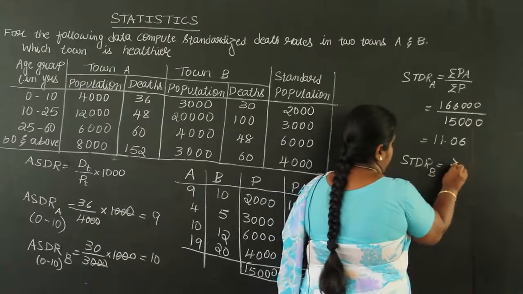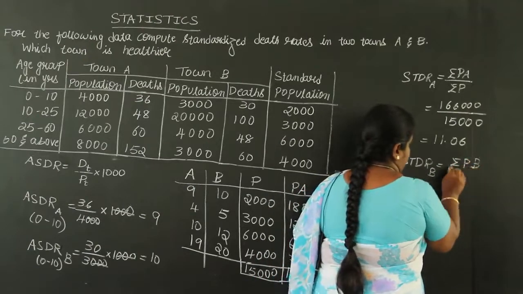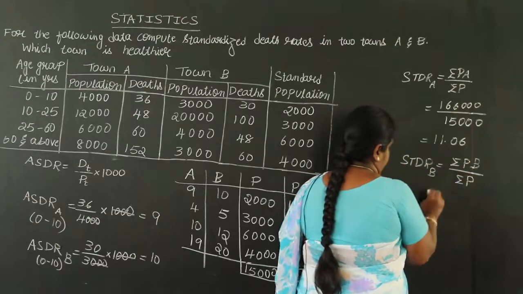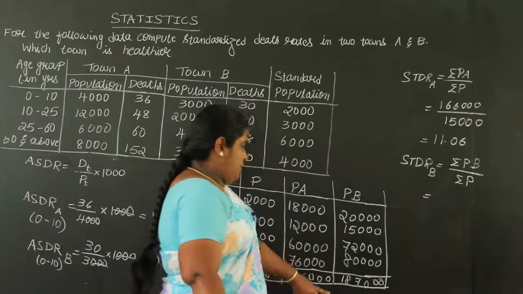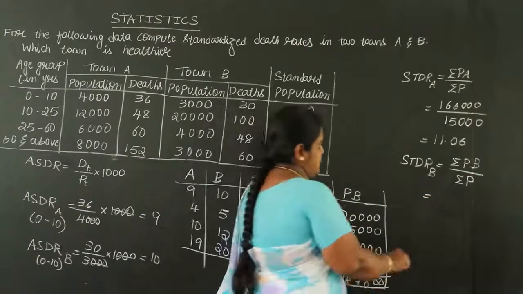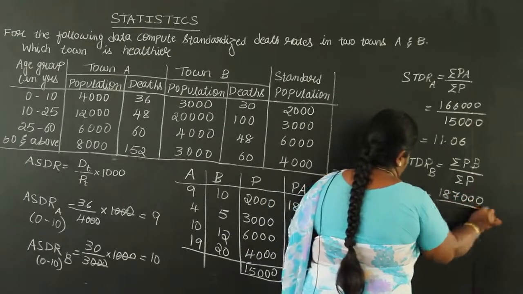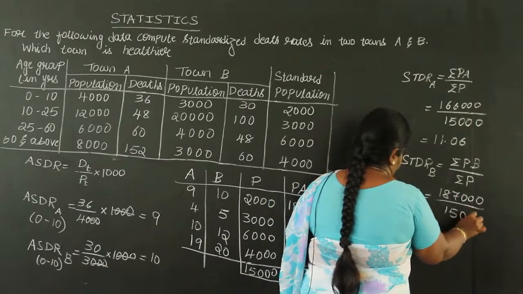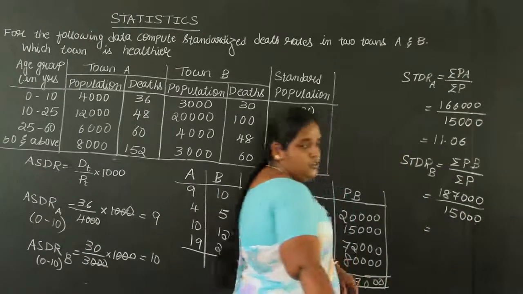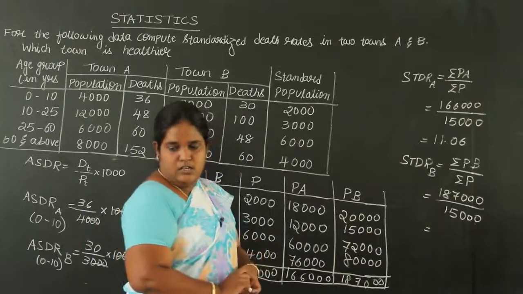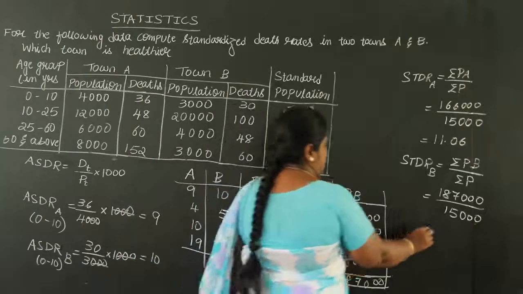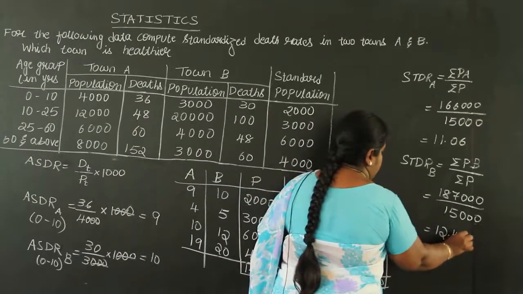Similarly, find out STDR of B. So it is sigma PB divided by sigma P. So PB value is 1,87,000. So 1,87,000 divided by 15,000, you'll get 12.46.